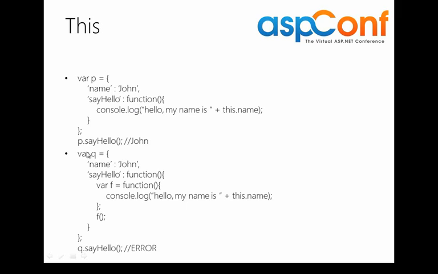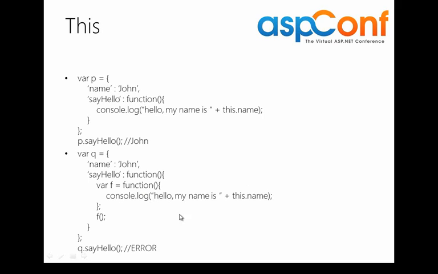But in the Q example, this outer function is a member of Q, but the function f is not actually a member of any object over here. It's not a member of Q. It's a function expression that's been assigned to a variable within the scope of this function. Okay, and as such, this inside the inner function does not refer to Q, it refers to window.